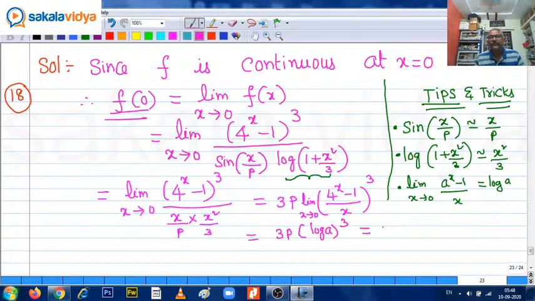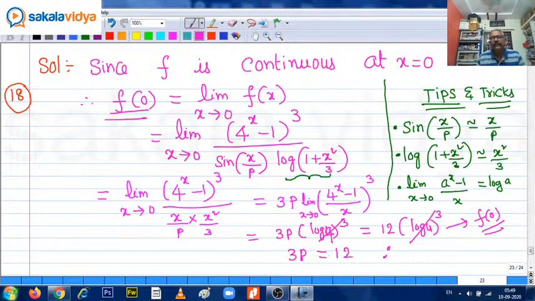That is 12 times log 4 whole cube. Log 4 whole cube cancels, so 3p is equal to 12. Therefore, p equals 12 by 3, which is 4. Answer is 4.